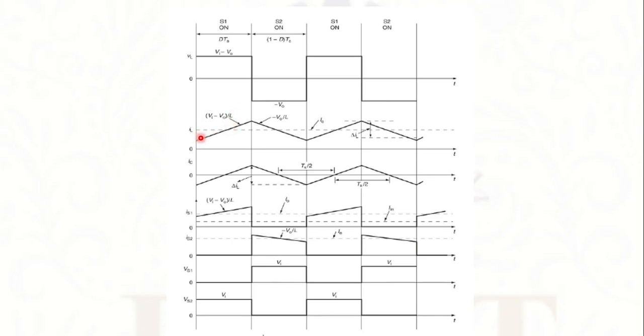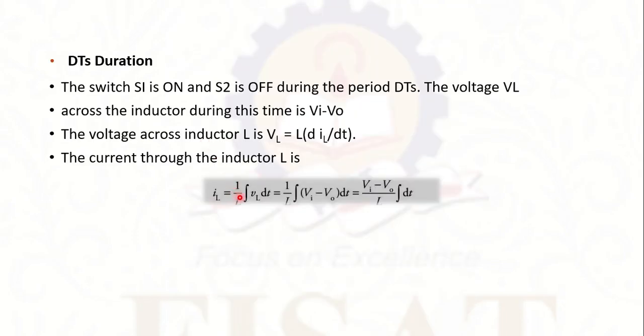And for the duration D into TS, we have to take the integral of all the values. So it is given by the integral over this duration of the voltage across the inductor into dt. So it is given by integral of VI minus VO divided by L into dt.